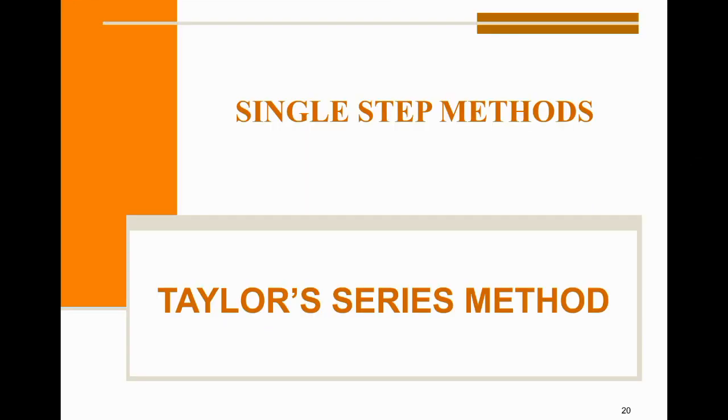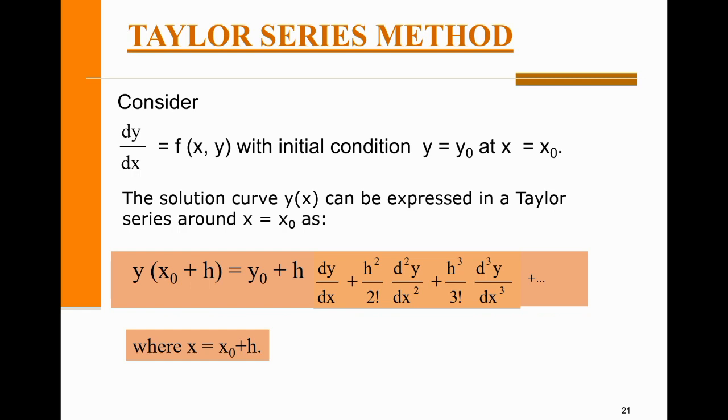So the next single step method is the Taylor series method. Now you know from your previous classes, earlier in plus 2 as well as in BTech first year, semester 1 class, where you learned calculus, what the Taylor series is. Taylor series is the approximation of values near the values that we know.